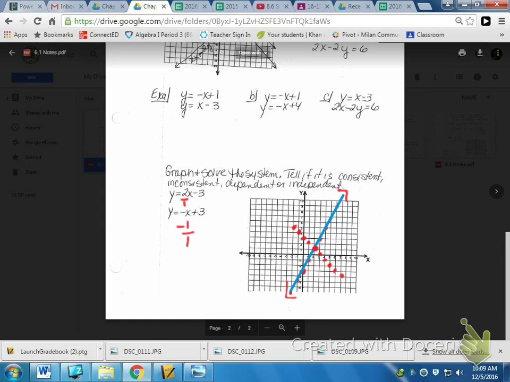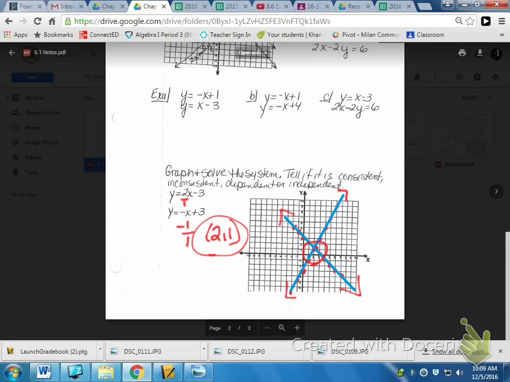So when I graph that line, okay, and I think we have found that the intersection point would be this right here, which is 2, 1. Thank heavens it was easy to, and it fell on a corner.